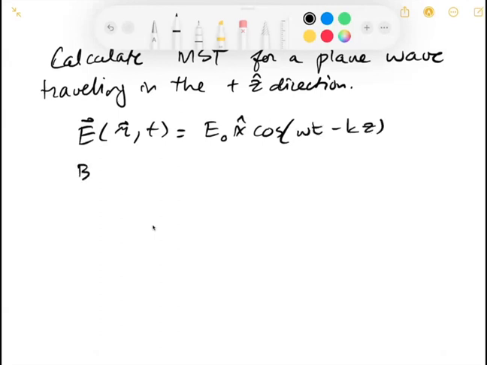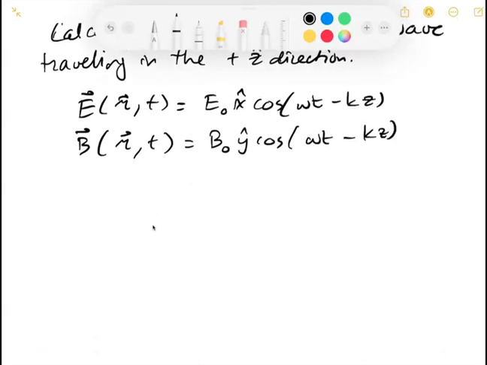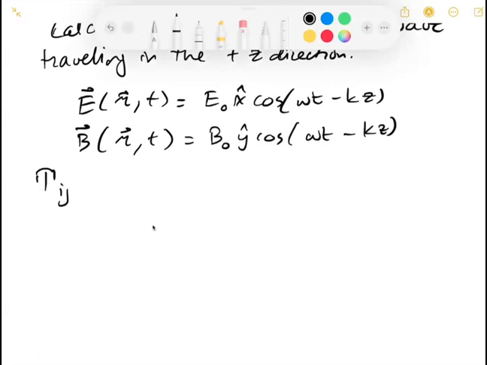And we know that the same thing can be done for this one. So we have some kind of a B naught cosine omega t minus kz. Okay, and remember that the Maxwell stress tensor is like this. It's 1/4 pi.